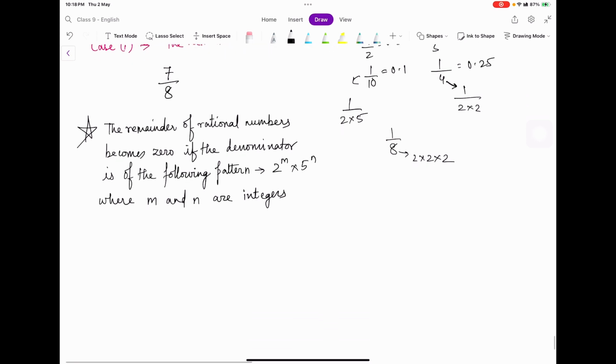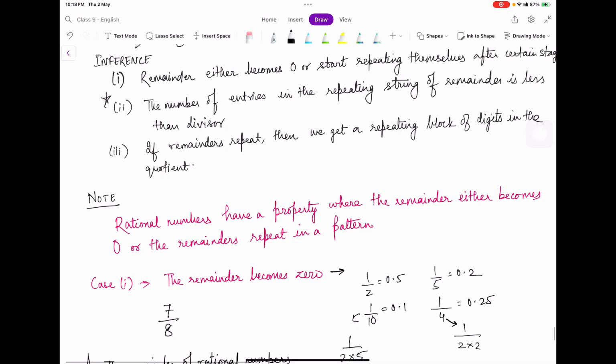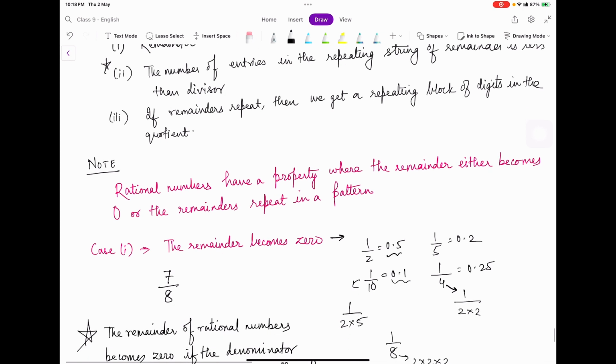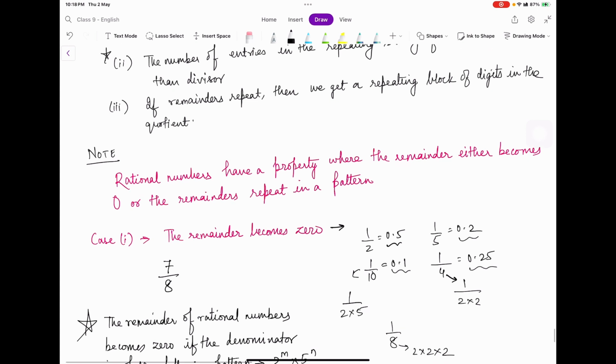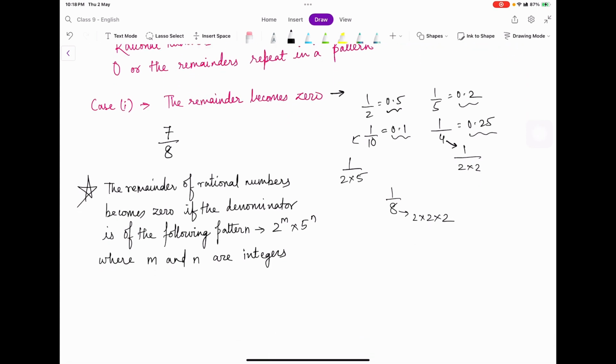Okay, if the remainder becomes 0, then the division has a finite number of steps. And we can say that the decimal expansion is finite, so it is getting terminated. So we write that if the remainder becomes 0, then the quotient is finite.